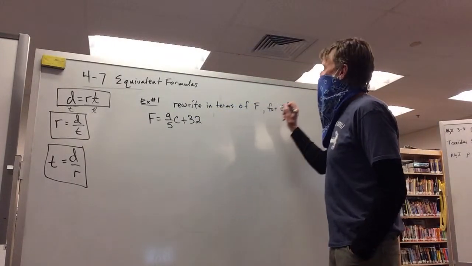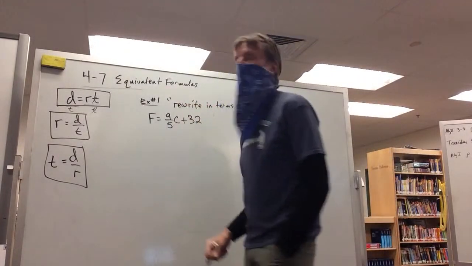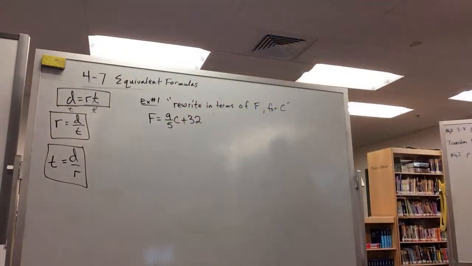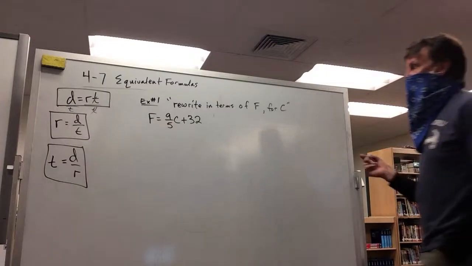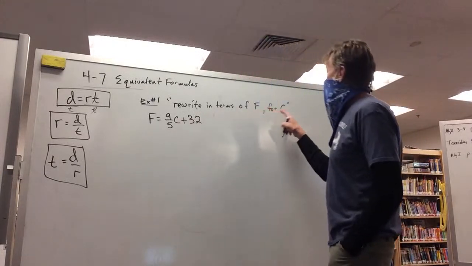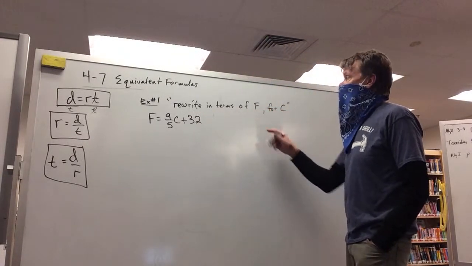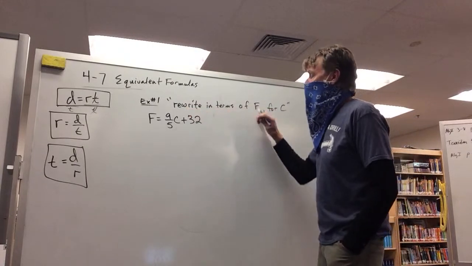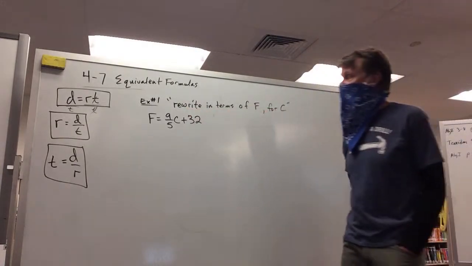We are going to rewrite in terms of F. Whenever they say in terms of, that becomes the variable that you have to do the math to. That becomes the independent variable, and then your answer is the dependent variable. So when we're done with this, it has to be for C. C equals, and then all of the math that we do to F to calculate what C is.